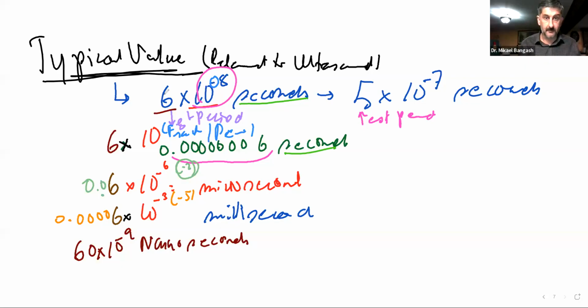So we could write this value as 6 multiplied by 10 raised to the power minus 8 of a second. What does multiplied by 10 raised to the power minus 8 mean?